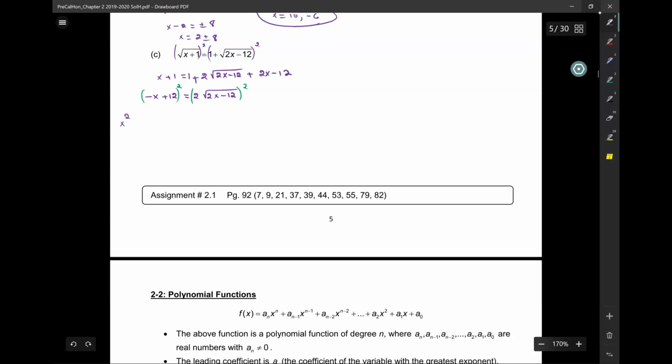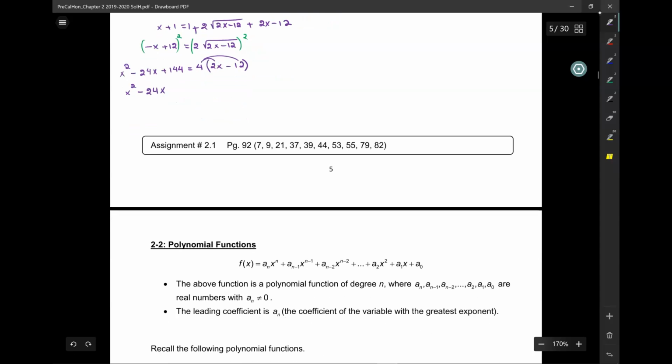Okay, x squared minus 24x plus 144 is equal to 4 times, because I square it, 2x minus 12. So distribute: x squared minus 24x plus 144 equals 8x minus 48.